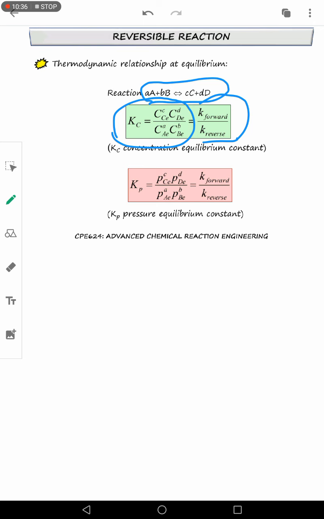And if it is using gas phase, so kita boleh juga guna, instead of concentration, kita akan guna pressure equilibrium, okay, which is pressure of product divide by pressure of reactant. So kalau yang ini adalah concentration of product divide by reactant.